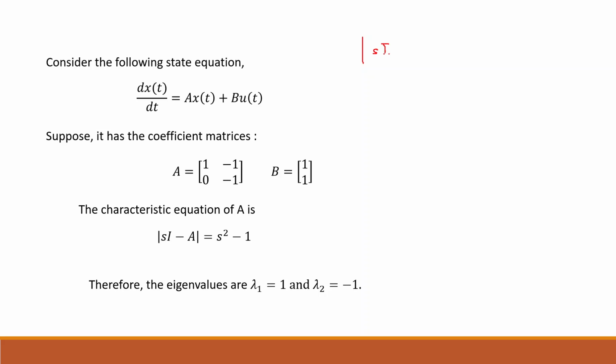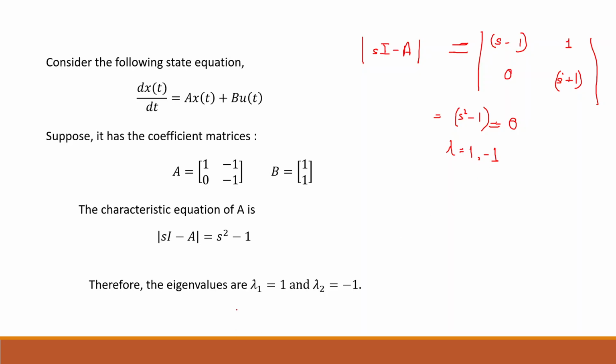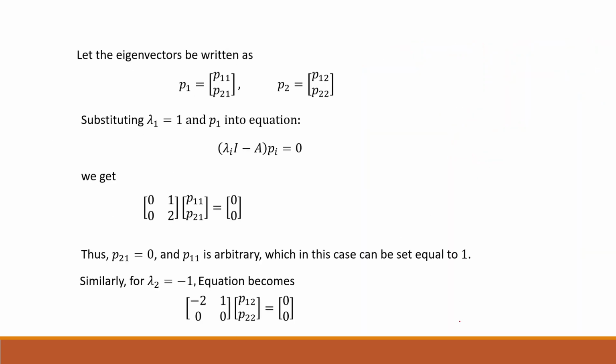Mod of sI minus A equals the determinant of [s-1 0; 1 s+1], that is s squared minus 1 equals 0. So lambda is either 1 or minus 1. These are the eigenvalues.